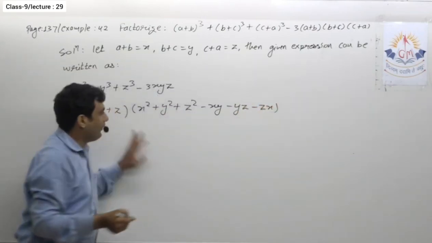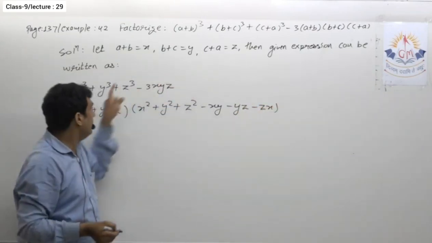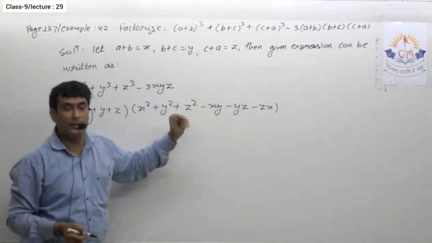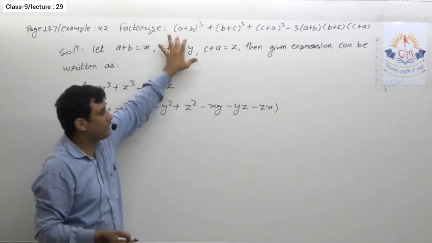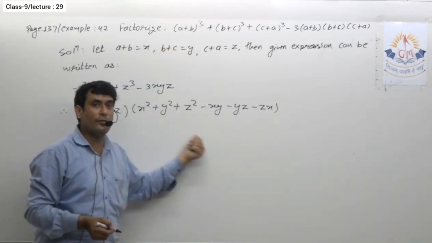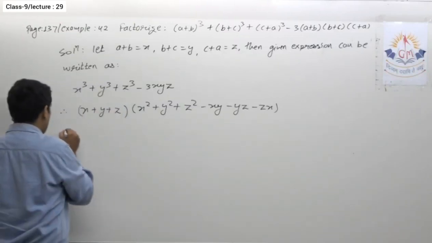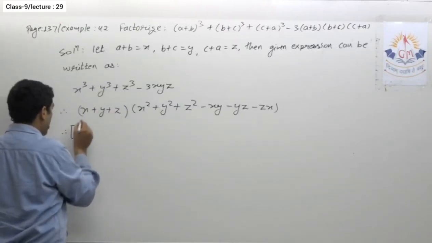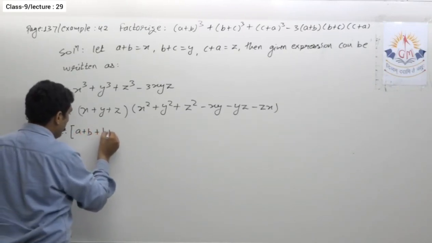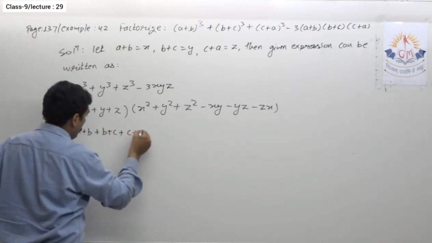So these are the factors of the given expression when I assume them as x, y and z, but we have to write the final answer in terms of a, b, c because the given expression is in terms of a, b, c. So here I have to put the values of x, y, z once again. At the place of x it is a plus b, then plus b plus c, then c plus a.